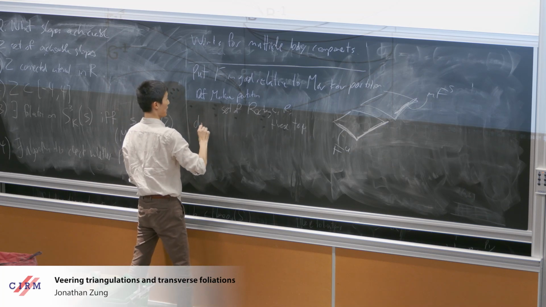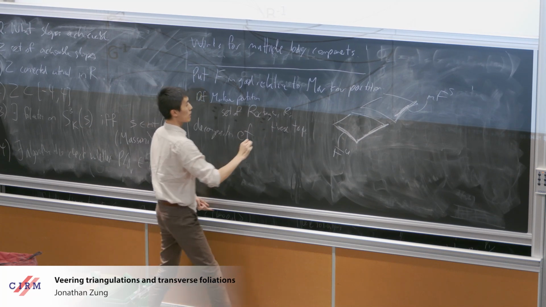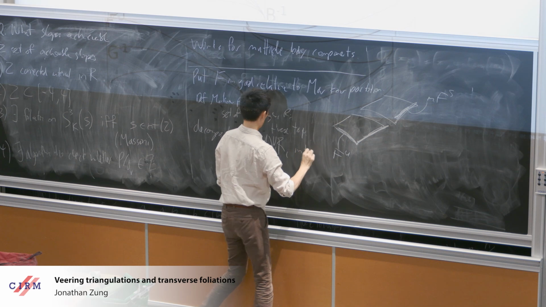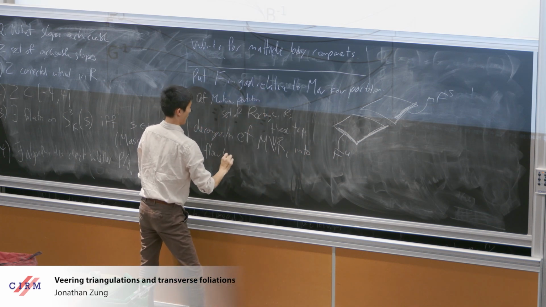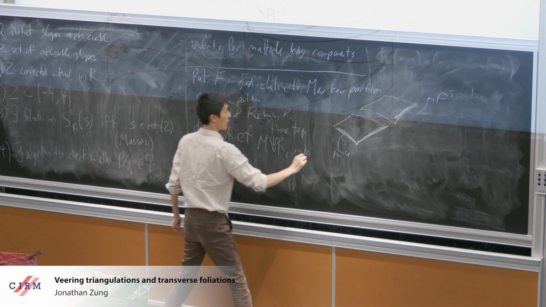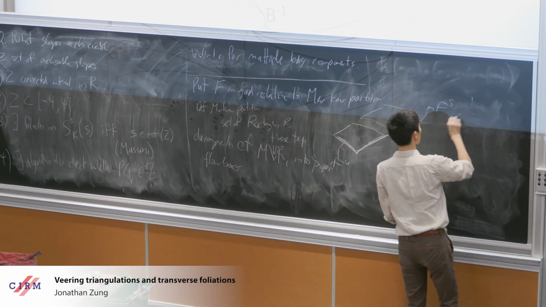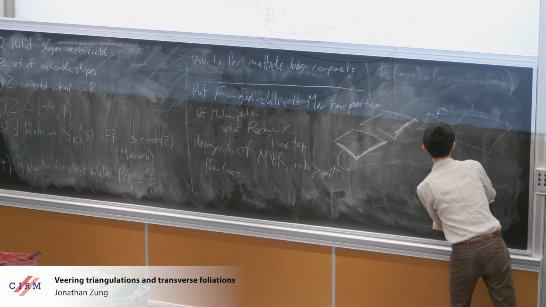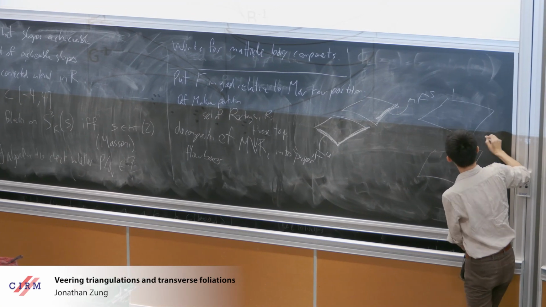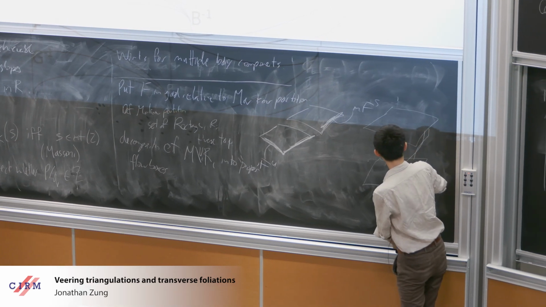There's a decomposition of the complement M minus the R_i's into flow boxes. And I'll say into proper flow boxes. So it's a proper flow box. It's a subset of the manifold that's saturated by flow lines, and sort of looks like something like this.